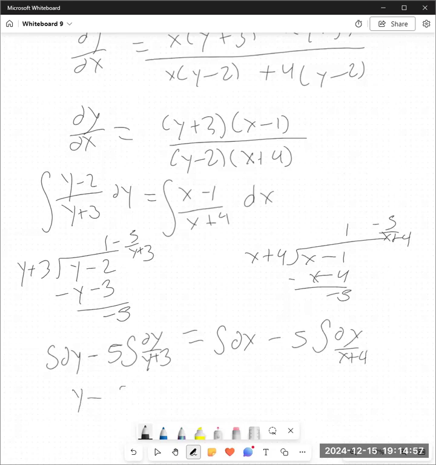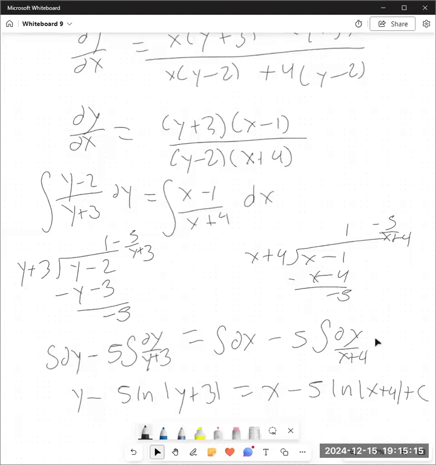This is y minus 5 ln of y plus 3 equals x minus 5 ln of x plus 4 plus c. You can clean it up and get it more to the way that the answer looks like in the book if you want to, but that is definitely sufficient.